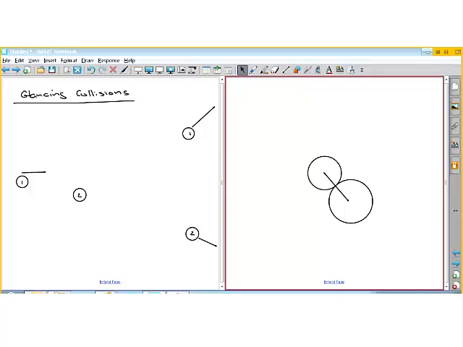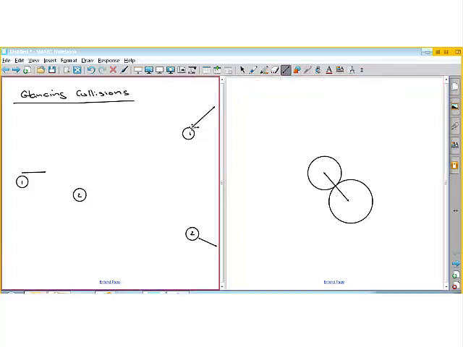So the final momentum has to be going from left to right. And then you have one moving up, one moving down. So the after velocities are going to have two components. They're going to have an x component and a y component. Likewise, down here, you're going to have an x component and a y component.